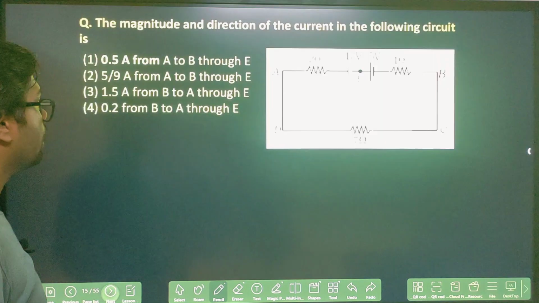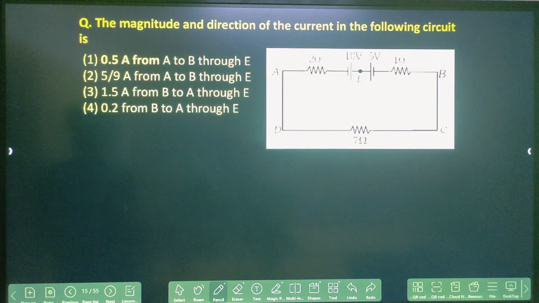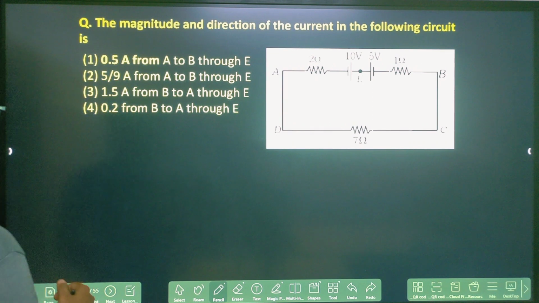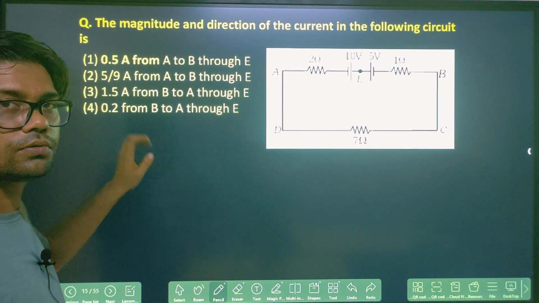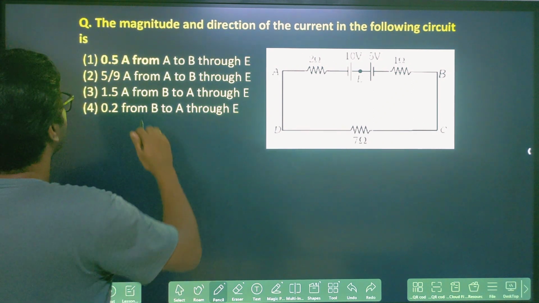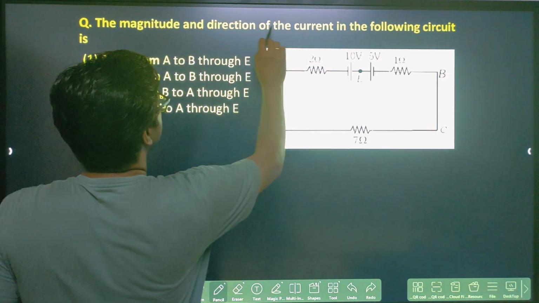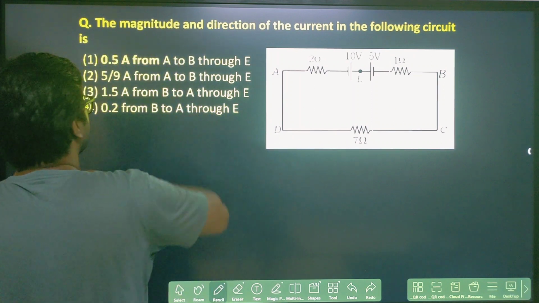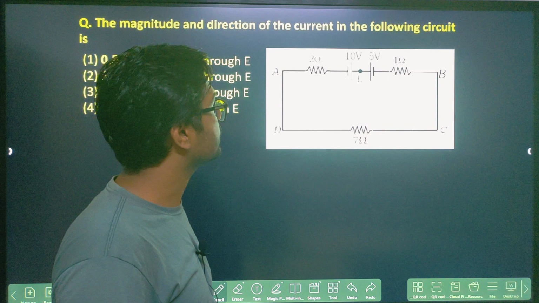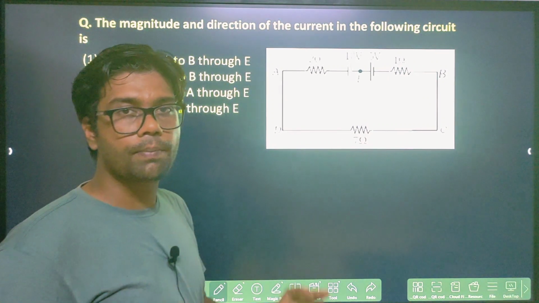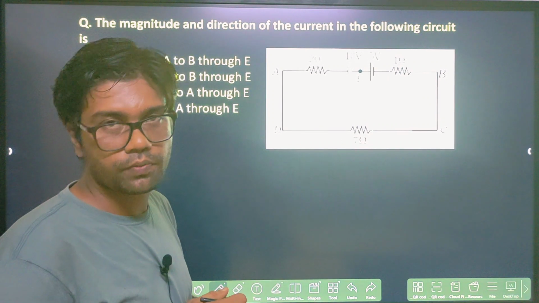Okay. Now see some problems here. Hope you understand. So using this concept, we will do these problems here, right? The magnitude and direction of current in the following circuit is... So they are asking the magnitude and direction of the current in the circuit. We will apply KVL or loop law to find out.